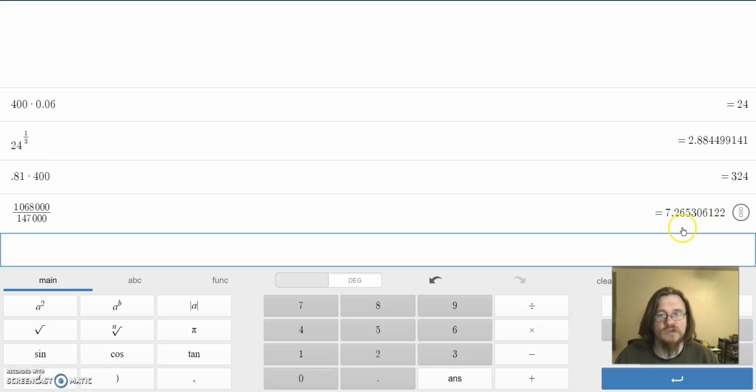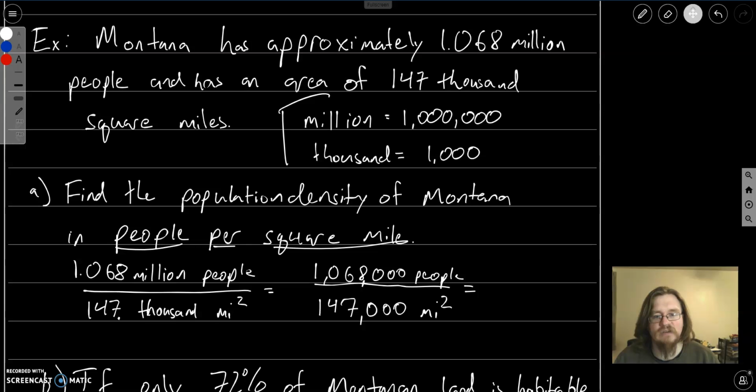Hundredths is 2 decimal places, so 7.26, but the place after the 6 is a 5, so we want to round up. So it's going to be 7.27. And our units are going to be people per square mile. There's about 7.27 people per square mile.